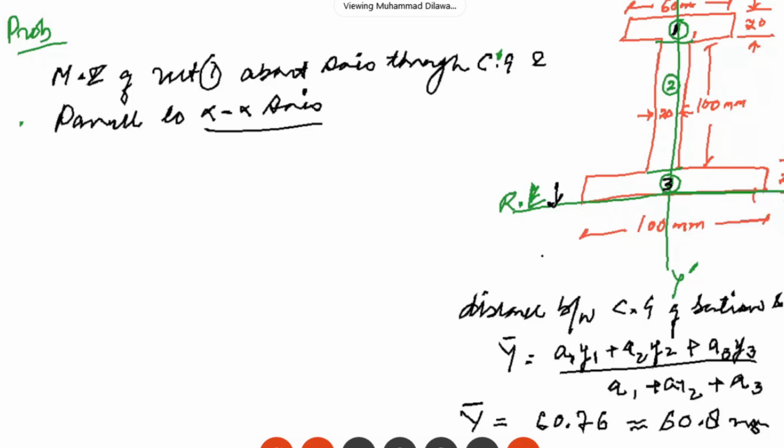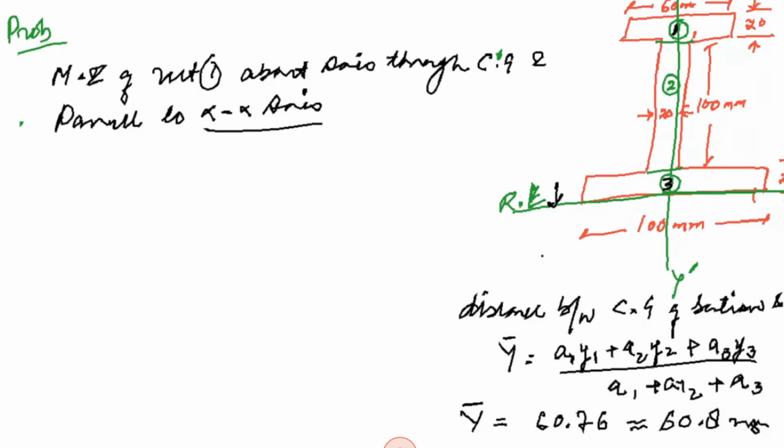We are checking for those axes through the center of gravity which are parallel to the x-axis, because we already know this section is symmetrical about the y-axis. That means the center of gravity will lie on the y-axis, at some distance from the reference line.